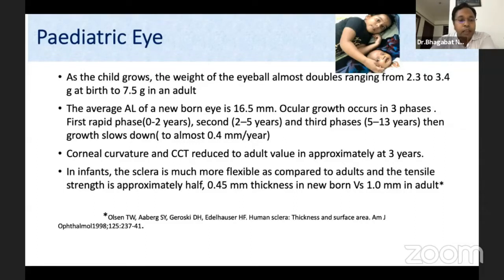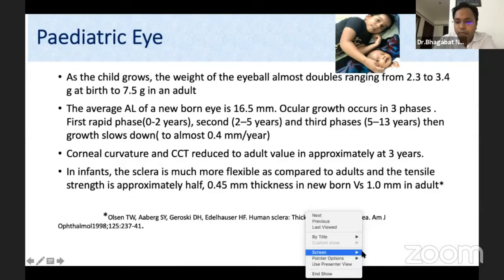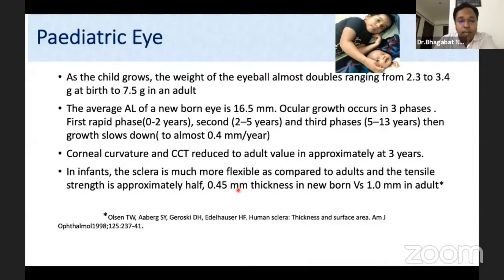You should also know that the corneal curvature is not the same 43, 44 diopters in children. It is in a higher range, like 47, 48 diopters, and it comes to the adult value at around 3 years.